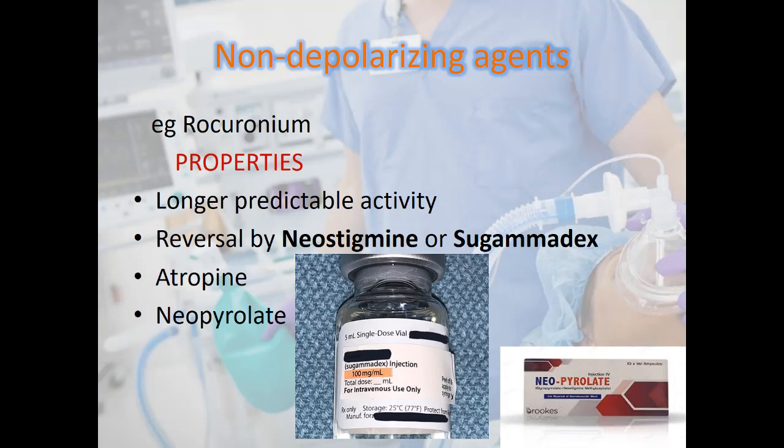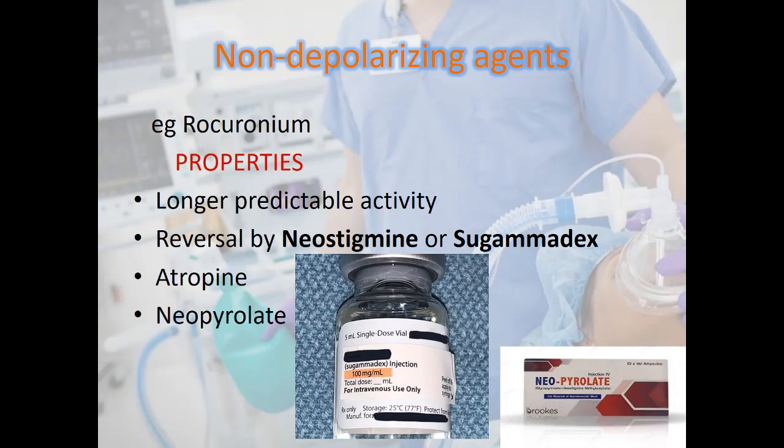So what happens with neostigmine? Neostigmine inhibits acetylcholinesterase enzyme activity. Because of this inhibition, there is an increase in the amount of acetylcholine available at the neuromuscular junction, and this can now compete with the non-depolarizing agent, and the effects are reversed.